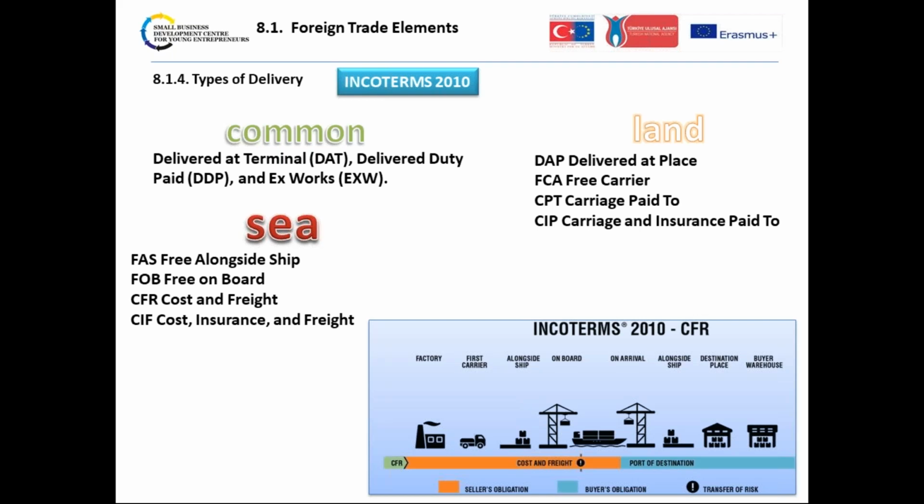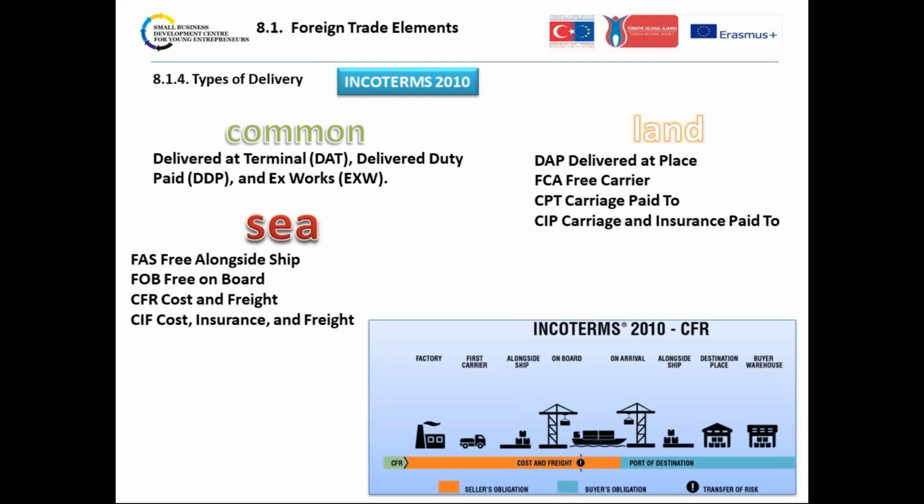Let's talk about these delivery terms. There are lots of other delivery types, but we are trying to tell you the most common ones and the ones that we are going to face. The common one first is delivered at terminal, the short form is DAT, and another is delivery duty paid, DDP, and ex works.